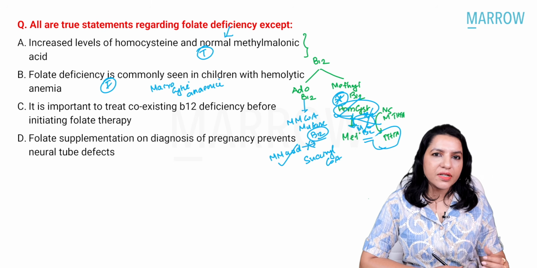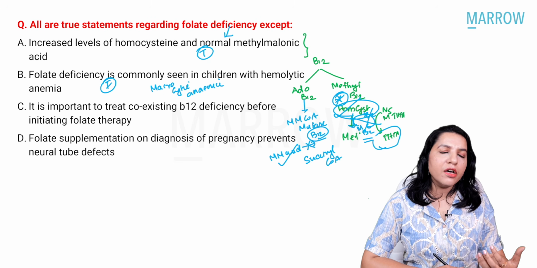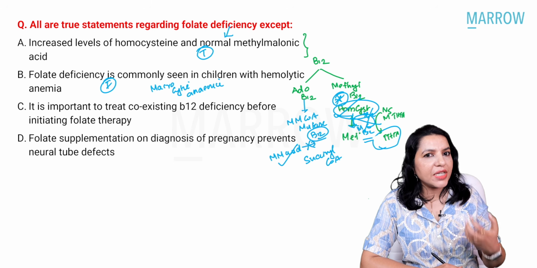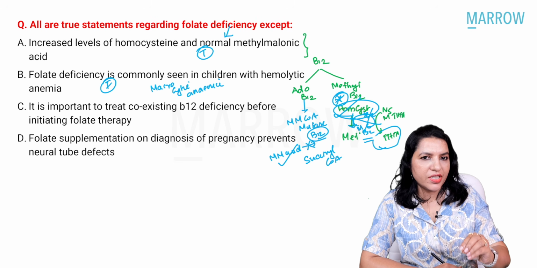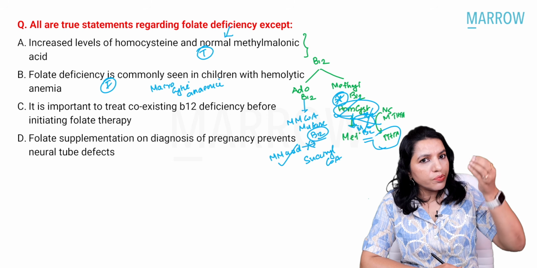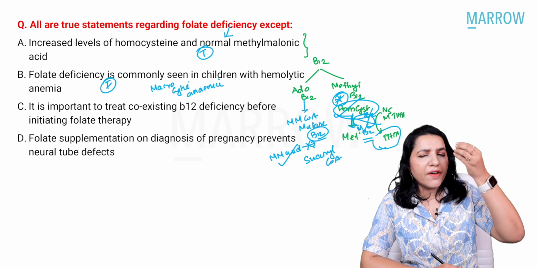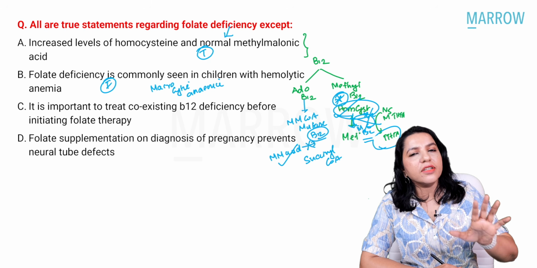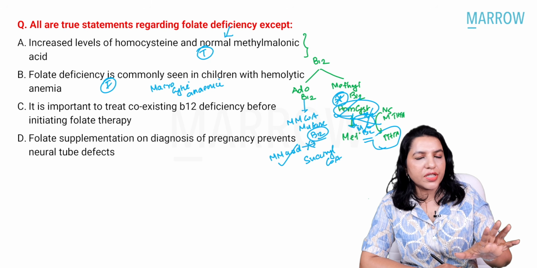This is concerned with an anemia which is because of folic acid deficiency, which can be created because of B12 deficiency also. So, if this folic acid deficiency is due to B12 deficiency, every time we treat the patient, first treat the B12 deficiency.